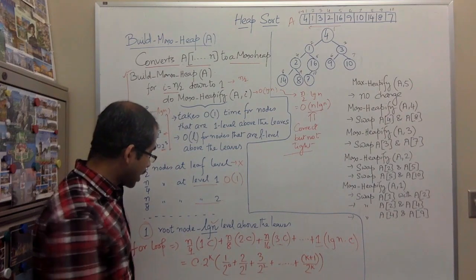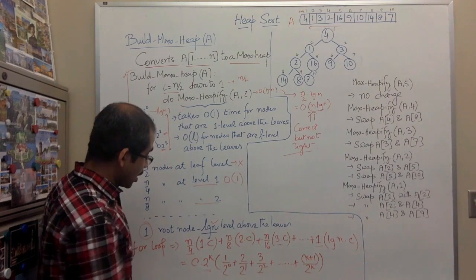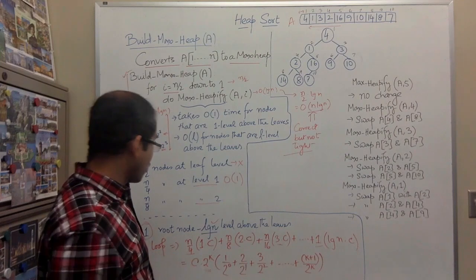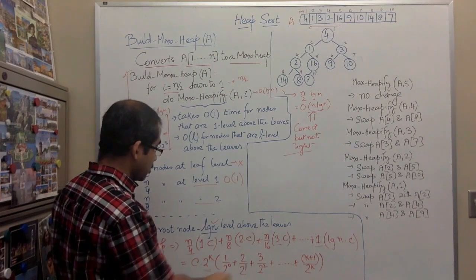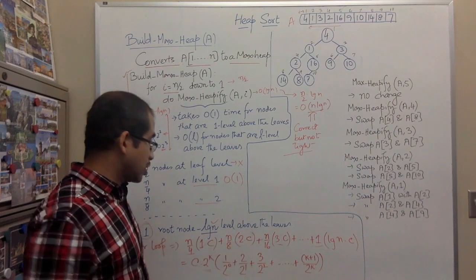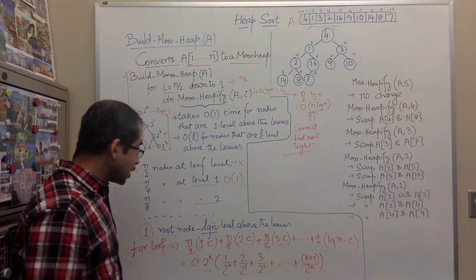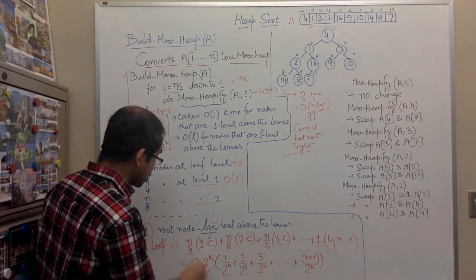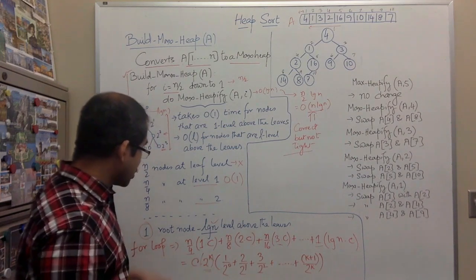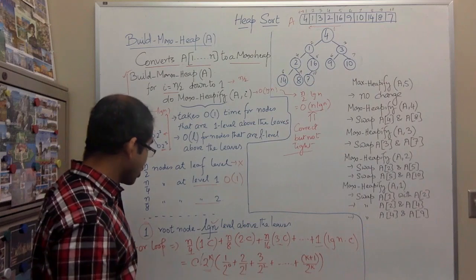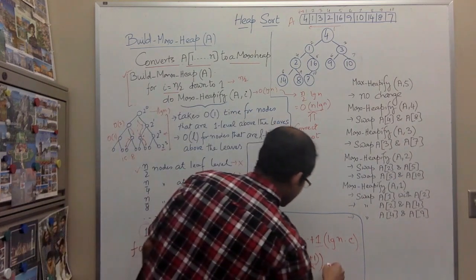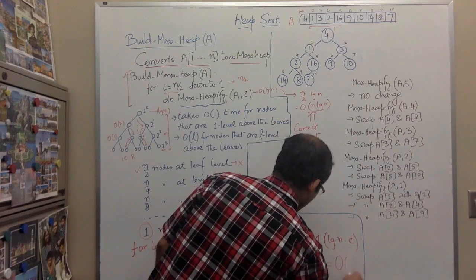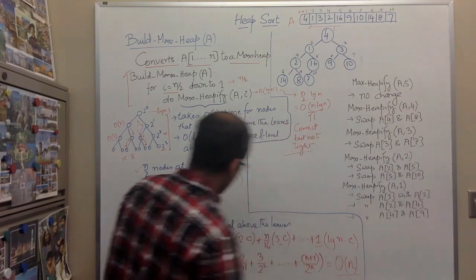If we sum it up, we can take out n by 4 to the power k, and it is represented using this series. Because this is a linear function of n, when we sum it up, this becomes order of n. So what does it mean?